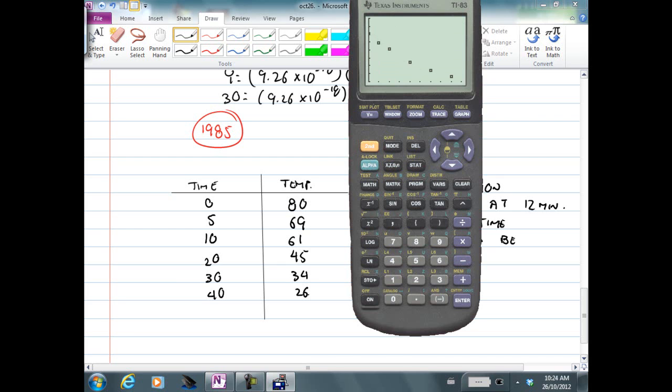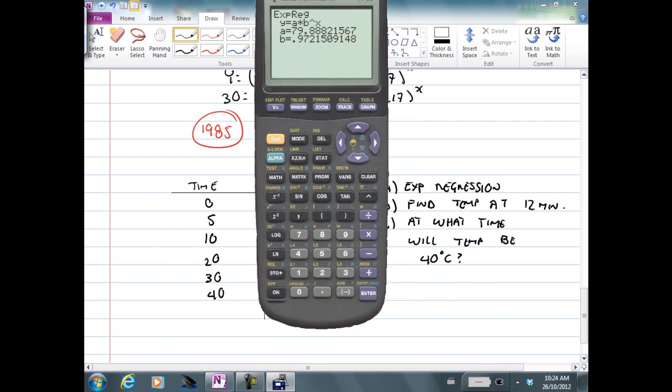So now we're going to do regression on this. Stat, calculate, exponential regression, hit enter. You have to hit enter one more time. This is a mistake students make. They get up to the screen and they just leave it alone. Hit enter one more time. There is my value. There's that A value, there's the B value.